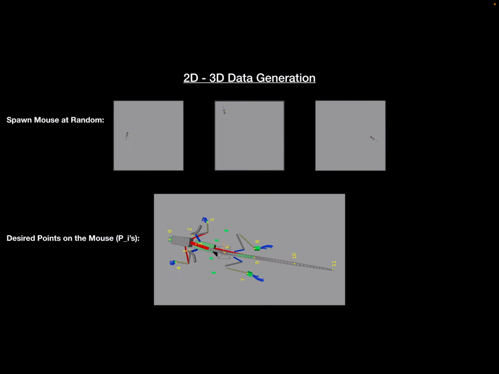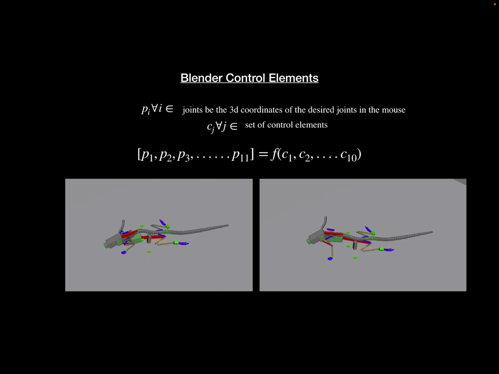Right now, these P points on the mouse aren't exactly free variables. Because of the constraints, obviously I won't be able to move all 12 points freely. I'll only be able to move certain points, and the other points get fixed because of the constraints. The points that I can freely move are called Blender control elements, because the points for which we want the 3D coordinates and the parts of the mouse that we can freely move are quite different in the model that was given to us.